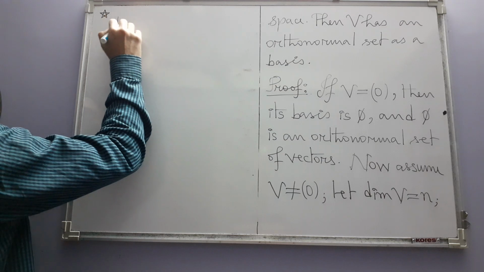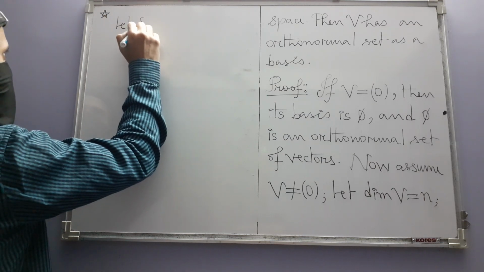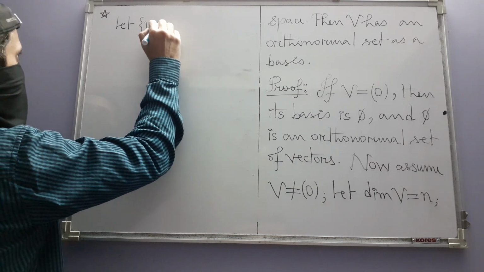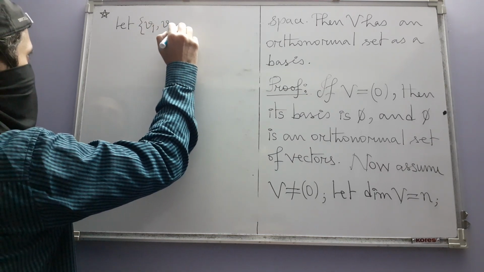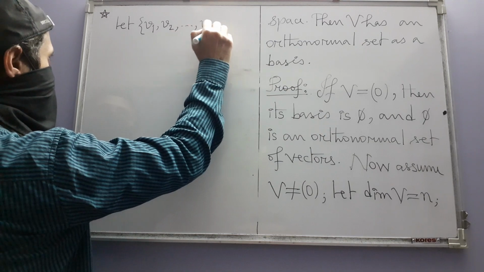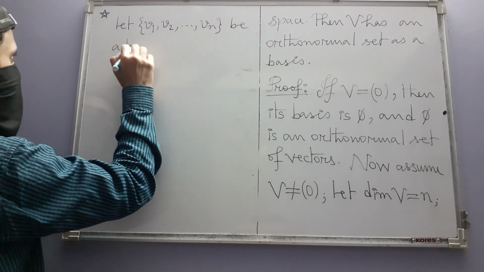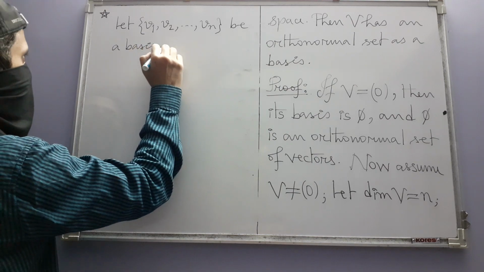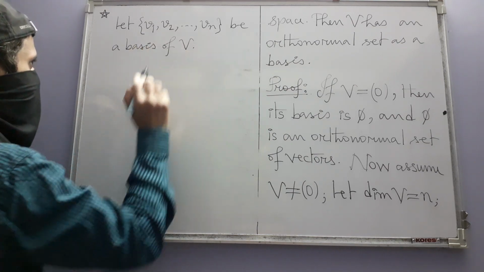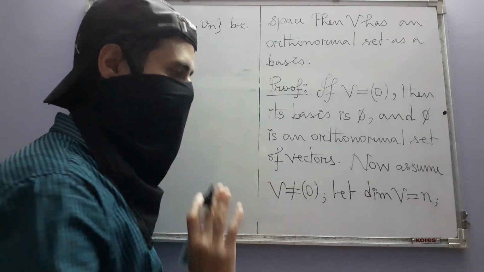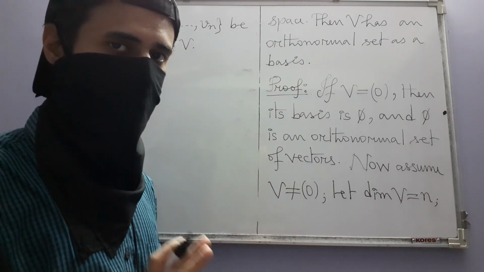Let v1, v2, etc., vn be a basis of V. We know that at least one such basis exists, because the dimension of V is n, and n is a finite number.